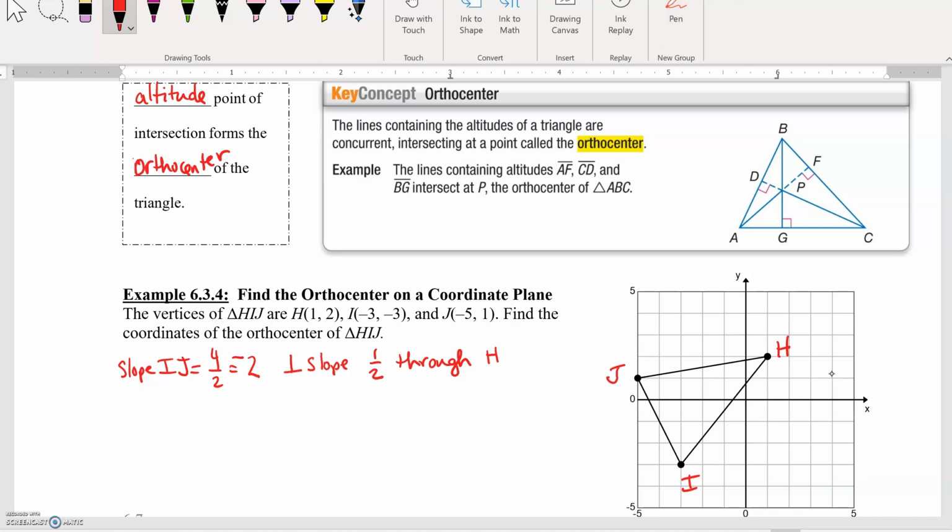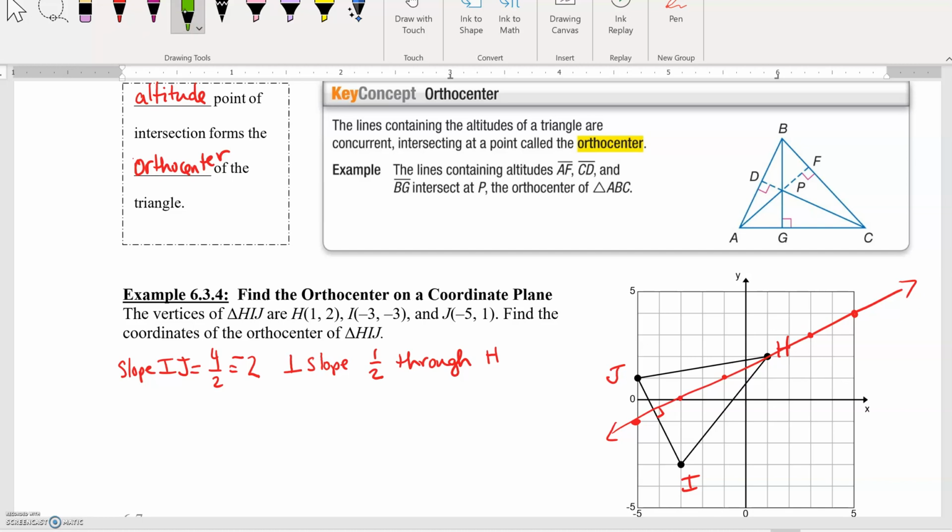So the slope would be a positive 1/2. So down 1, left 2, down 1, left 2. I'm going to go up 1, right 2, up 1, right 2, so that I can possibly draw the line fairly straight as I go across the graph. And we know that that is perpendicular to IJ.